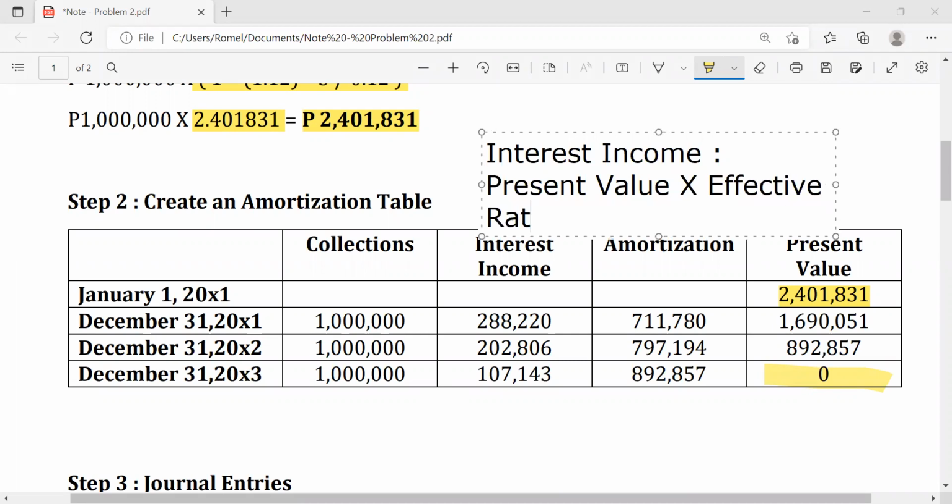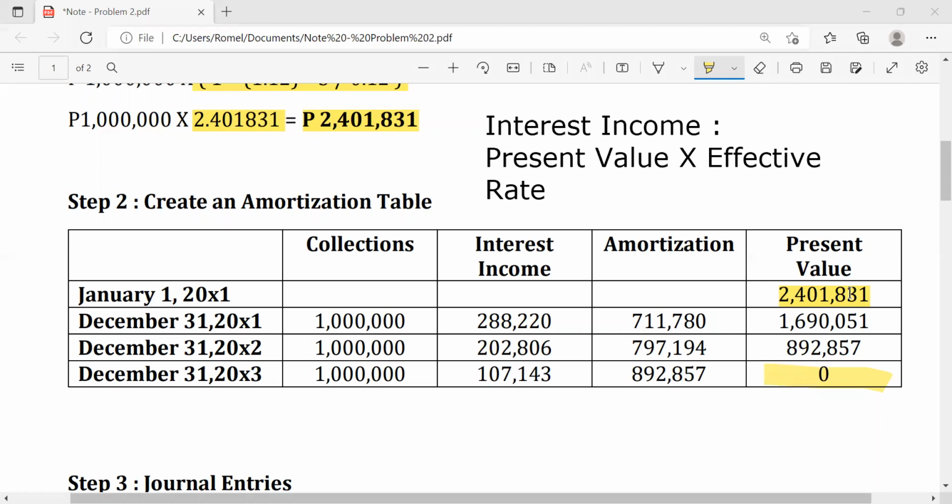So what we will do is, 2,401,831 times 12%, the interest income is expected to be 288,220.